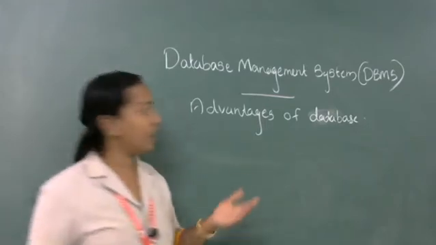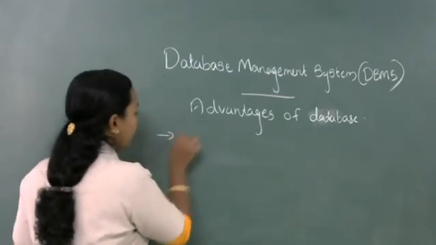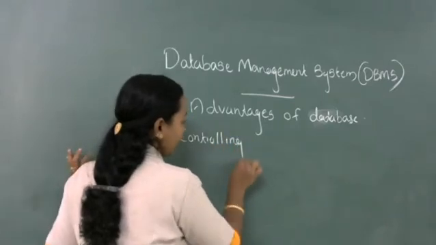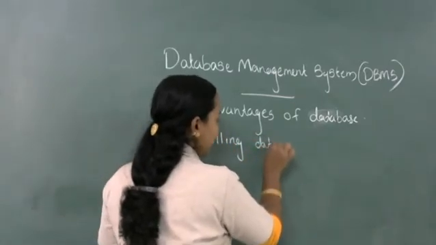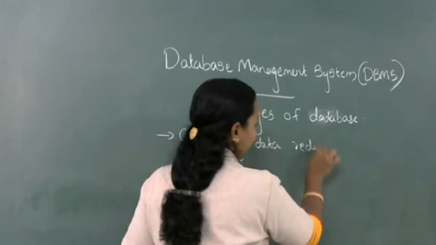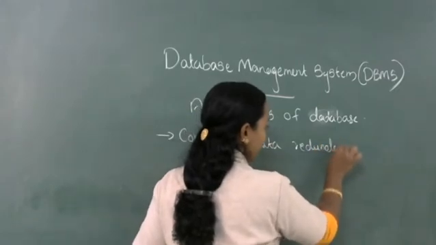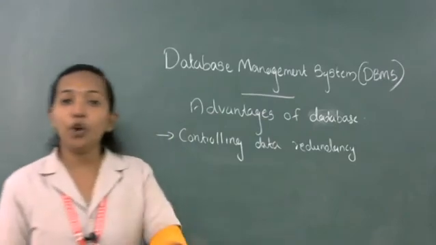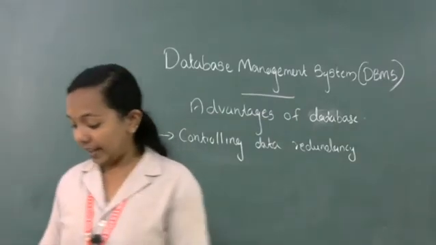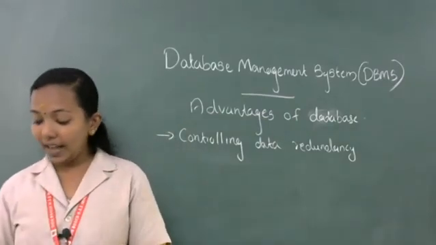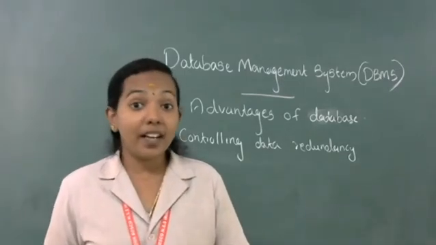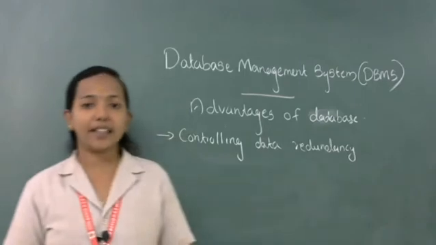Okay, so what will be the first advantage? Controlling data redundancy. Controlling data redundancy means there will be no duplication of data. That means the database system does not maintain redundant or duplicate data.